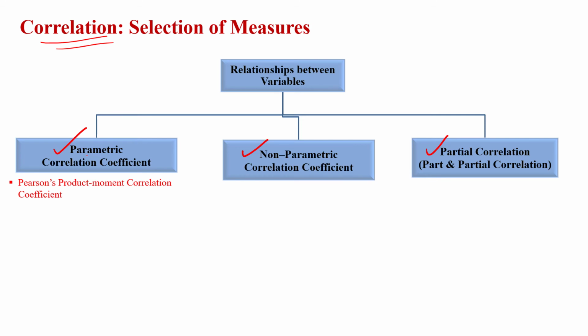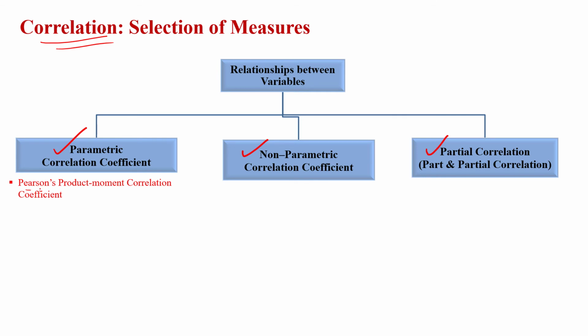When we are saying the parametric correlation coefficient, it means that out of the two variables, at least one variable must be quantitative, and it should follow the normal distribution. So there are two main conditions: it should be quantitative and it should follow a normal distribution.